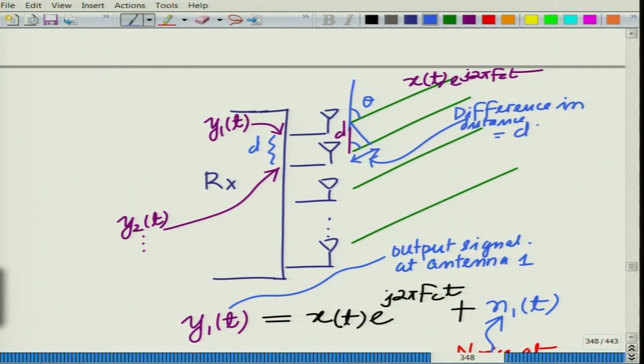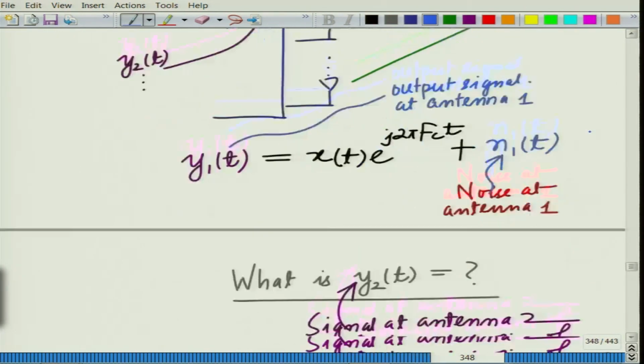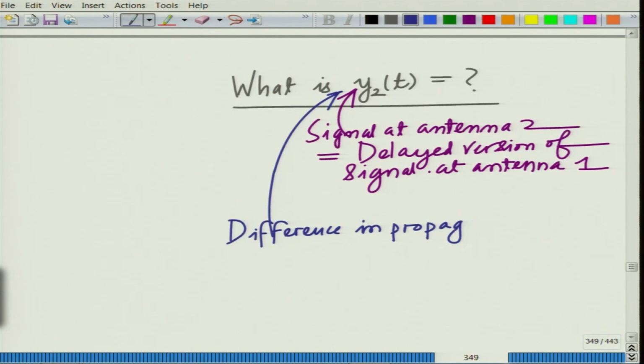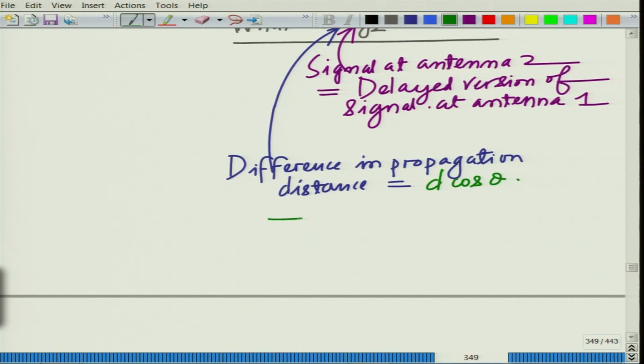The difference in propagation distance at antenna 2 is d cosine theta, which implies the delay.